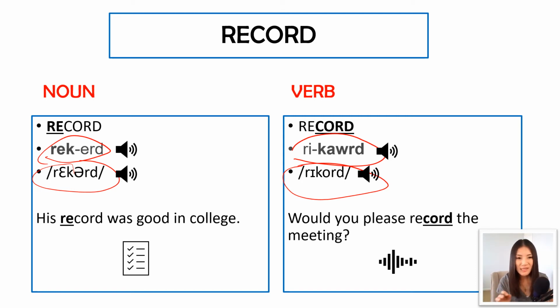I put the pronunciation here because with these 2 words, record and record, it's not just the stress that is shifted, but the vowel sounds also change depending on if you are using it as a noun or verb. So just in case you found that confusing, I put the pronunciation there. But again, it is record, record.